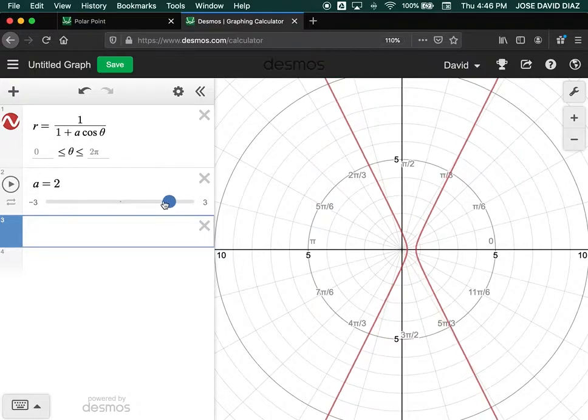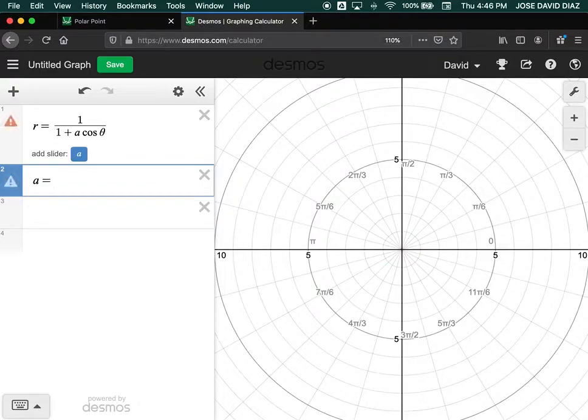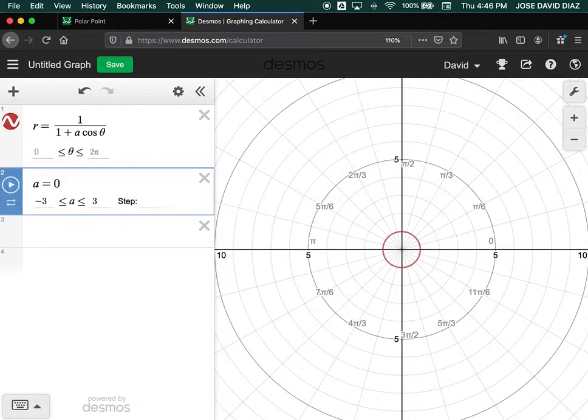So therefore, if the value is between 0 and 1, it's an ellipse. If it's 0, it's going to be a circle, and I can just type in 0. If it's a value between 0 and 1, such as 0.5, 0.6, 0.7, 0.8, 0.9, that's an ellipse.